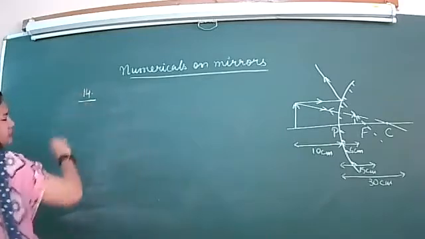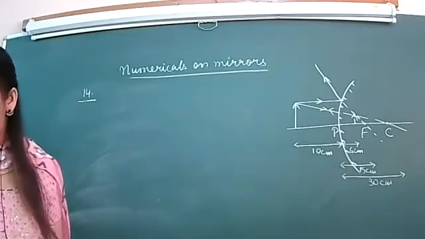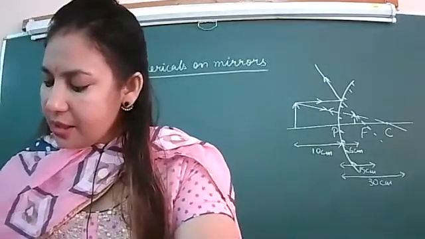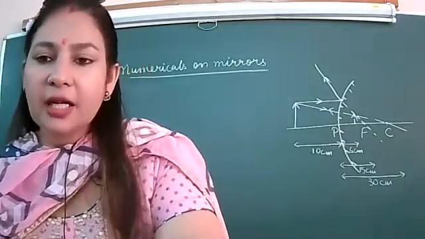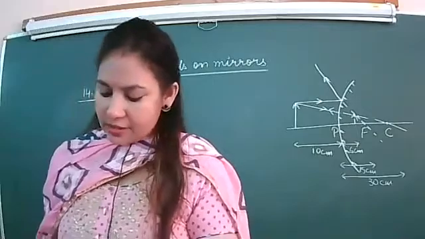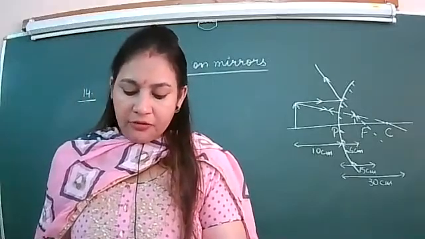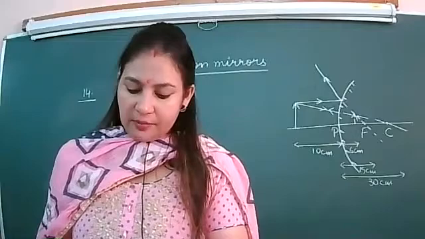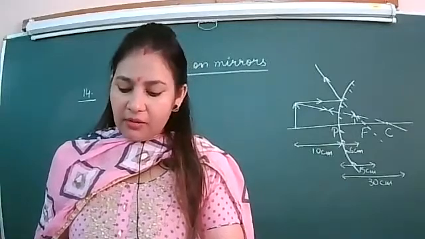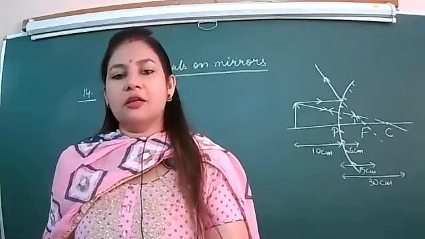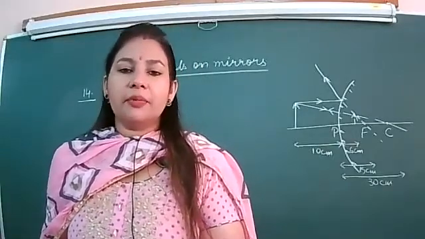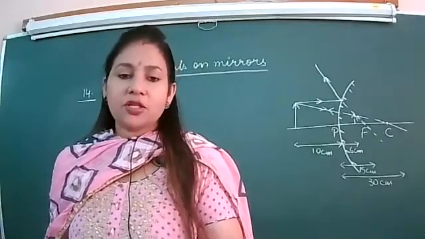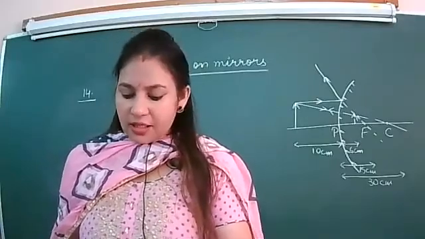The statement is: an object 5 centimeter in length is placed at a distance of 20 centimeter in front of a convex mirror of radius of curvature 30 centimeter. Find the position of image, its nature and size. So we have to find all of this. Here we have to find the position and the height of the image also, H2 also we are to find.